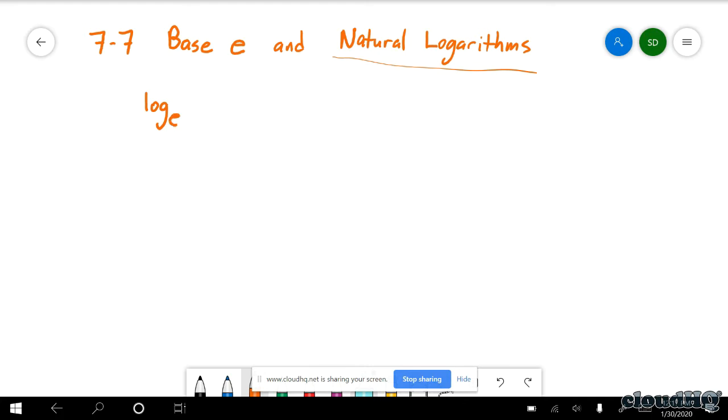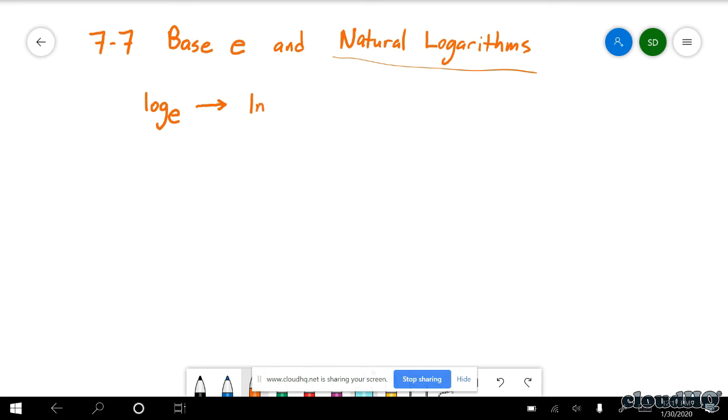Now, that may not seem significant to you because you probably don't yet know what the number e is. But a log with a base of e is another special log that has its own name. We call it a natural log, but we symbolize it with the letters ln.